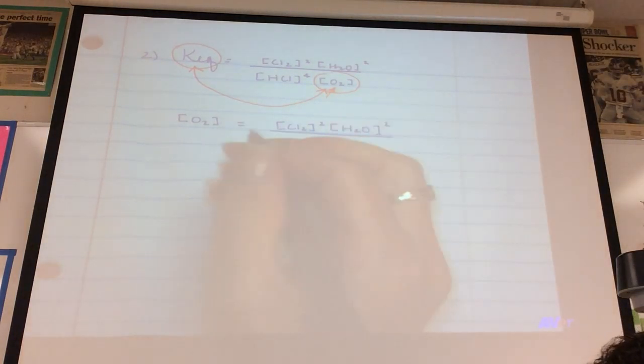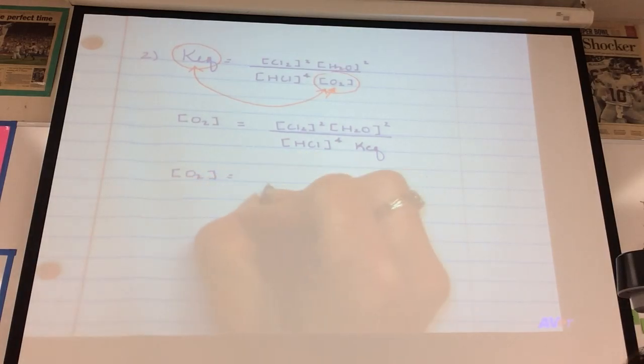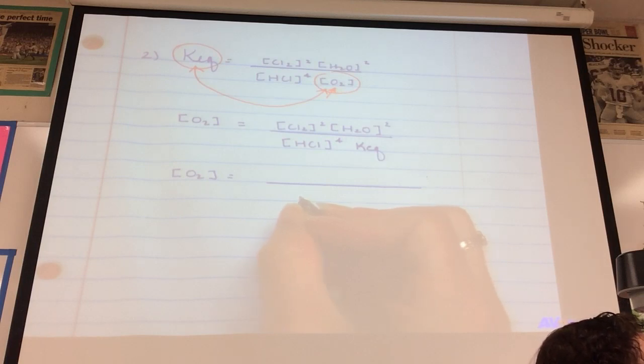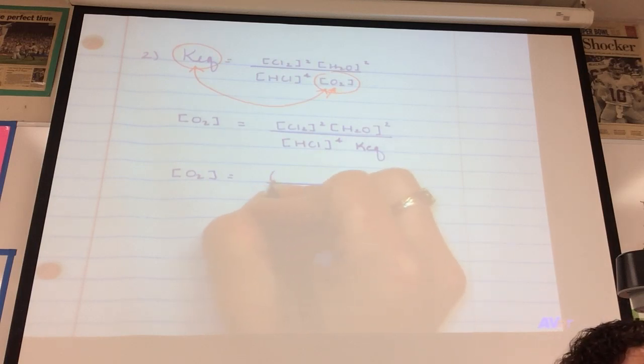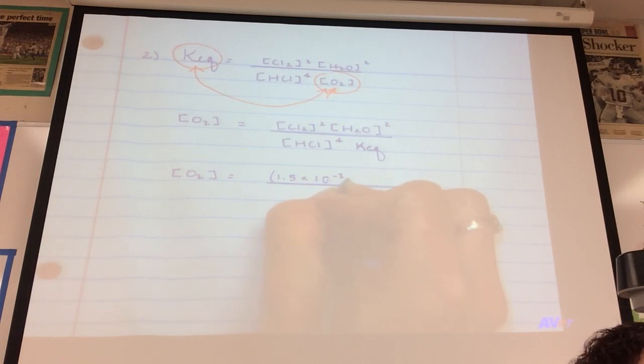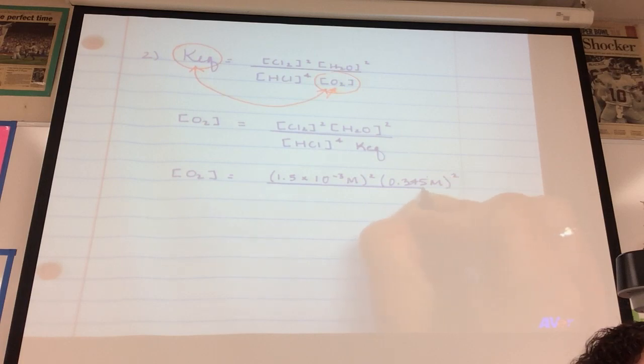Once you do that, it really becomes a plug and chug situation. It's actually very simple once you've set it up properly. Chlorine, concentration of 1.5 times 10 to the negative 3 molar squared. Water vapor, 0.345 molar squared.